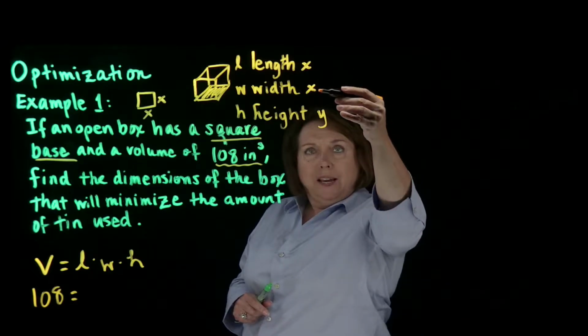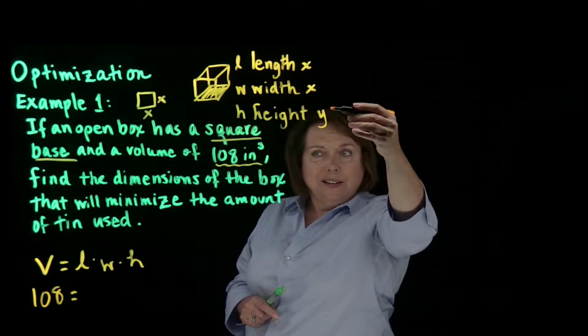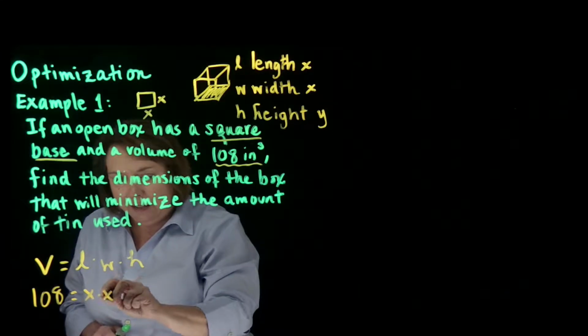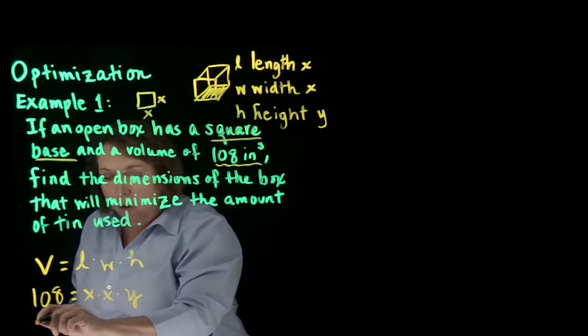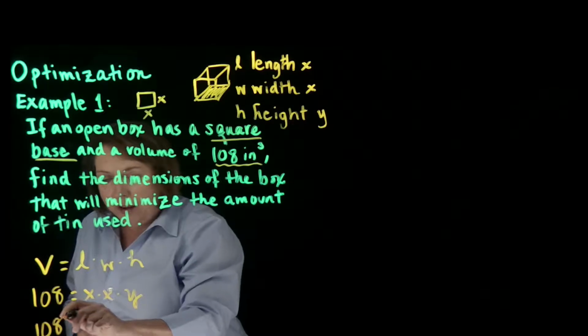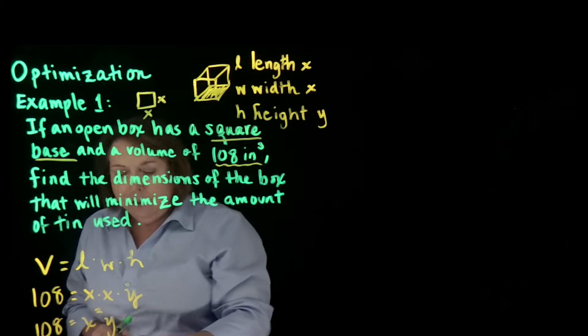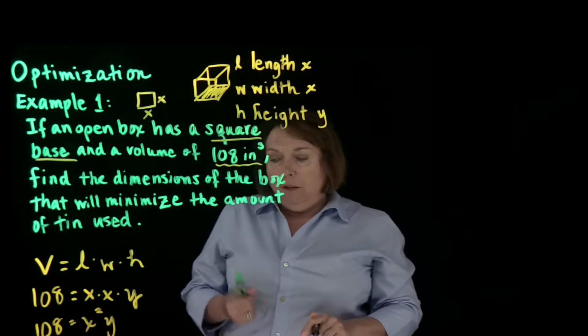And then I'm calling my length x, my width x, and my height y. So x times x times y, or we will have that 108 equals x squared y. We'll use this in a minute.